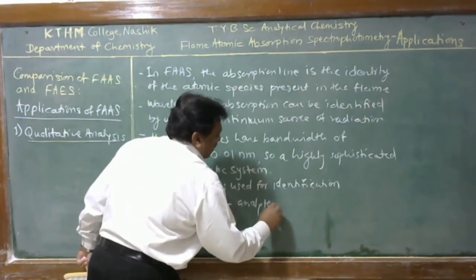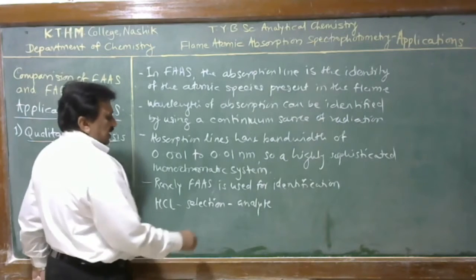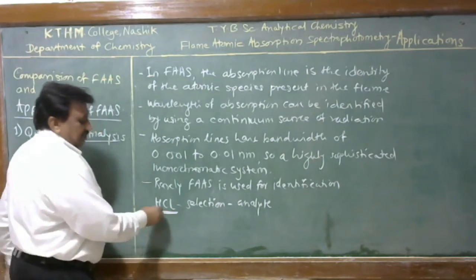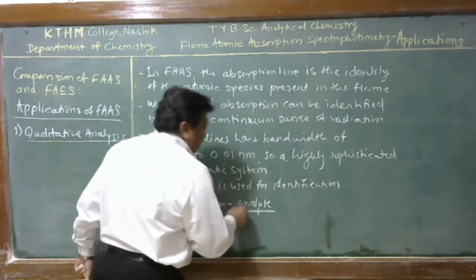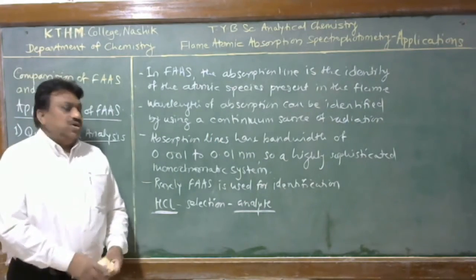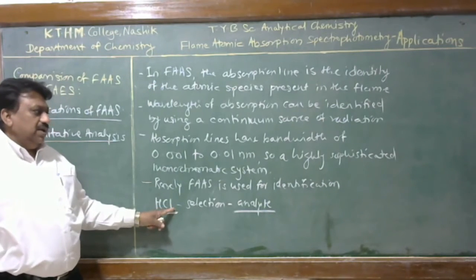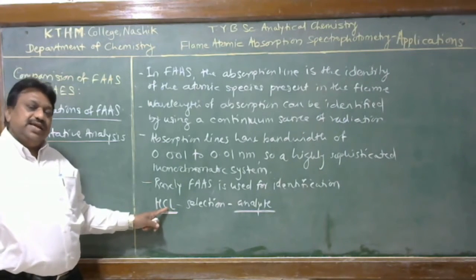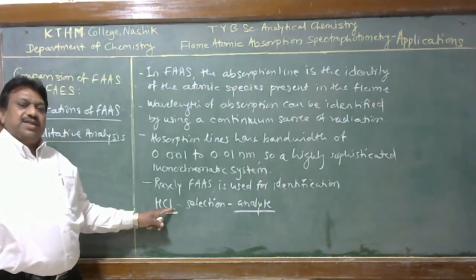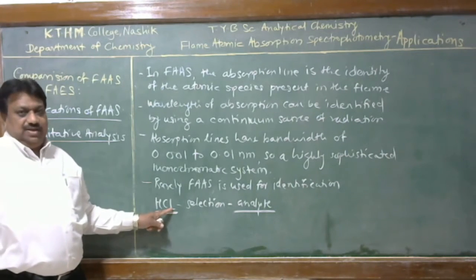Qualitative analysis is a step already performed by another technique, then we can construct the hollow cathode lamp of that particular element, and then determine the amount of that analyte. Therefore, flame atomic absorption spectroscopy is rarely useful for identification, but it is a very selective, accurate and interference-free method of quantitative analysis of metal species up to the ppb level.